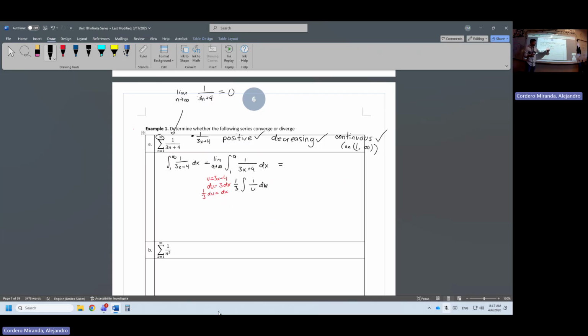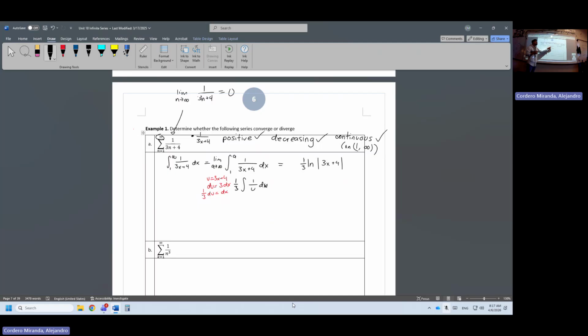And so the antiderivative will be a natural log of u, which is 3x plus 4, times the 1/3 from the du. So if you just said natural log, then you're close, but no cigar. Don't forget to divide by the extra 3 in front of that.